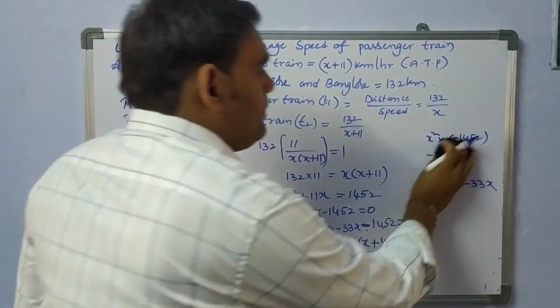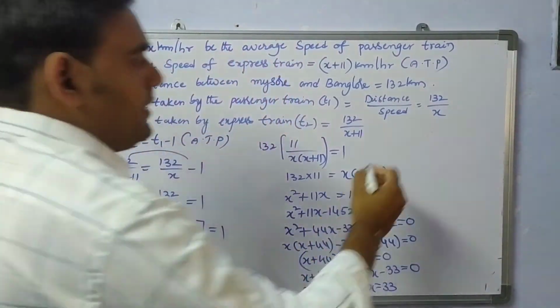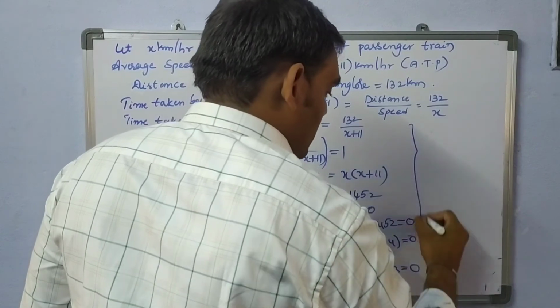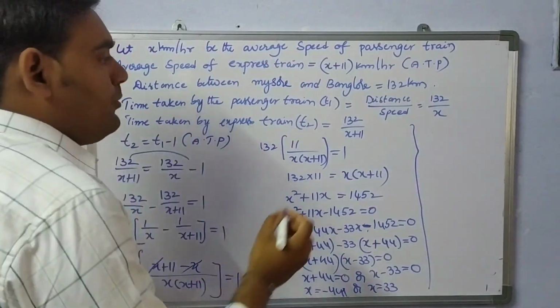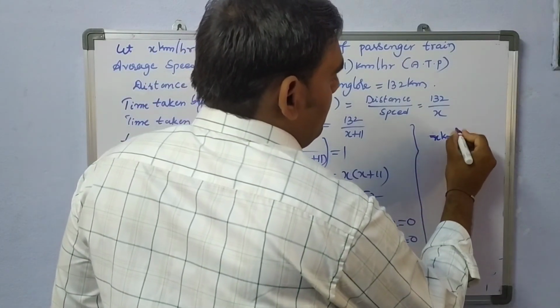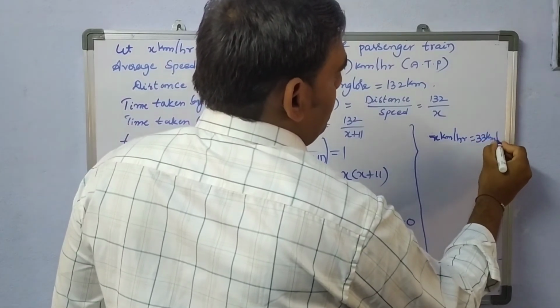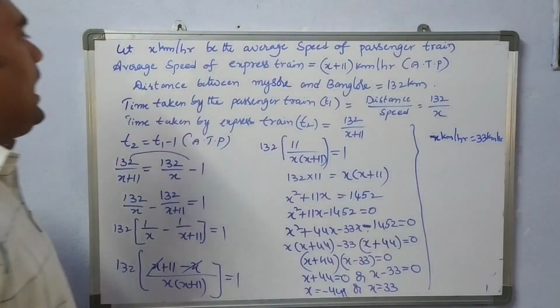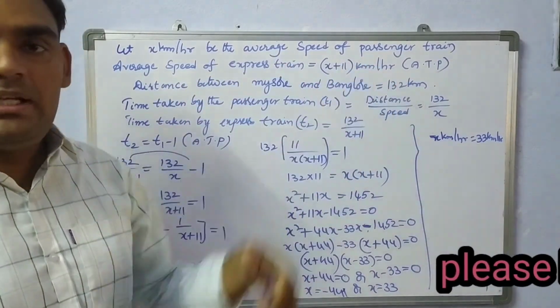So, in the problem, we can write average speed of the passenger train x kilometer per hour is equal to 33 kilometer per hour. Next, average speed of the express train is x plus 11 kilometer per hour.